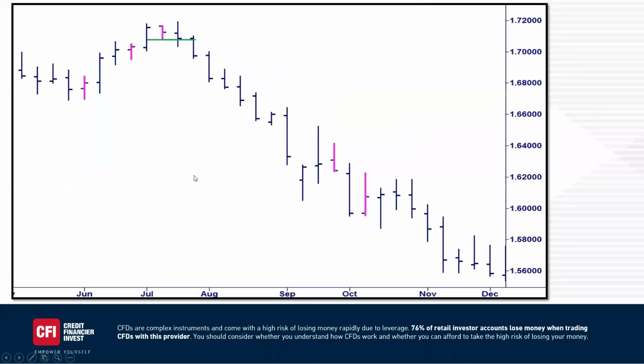Okay, another example here. This one, the market starts off by actually breaking out of an inside bar at this point. This turned out to be quite a good breakout. The market didn't do a trap. The market did what it was supposed to do. It broke through the top of the inside bar and it continued higher for the next few days.